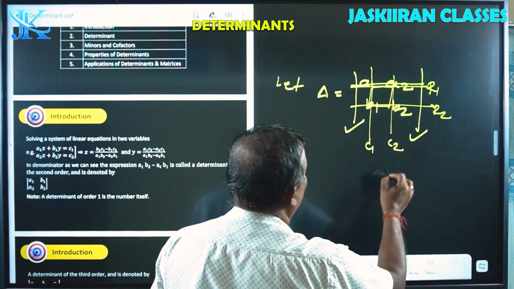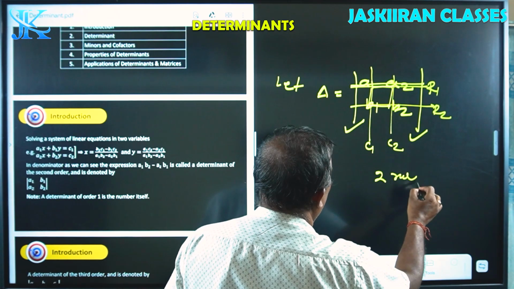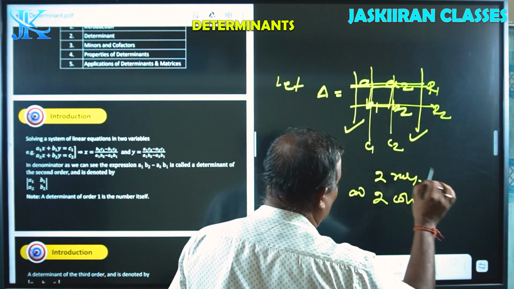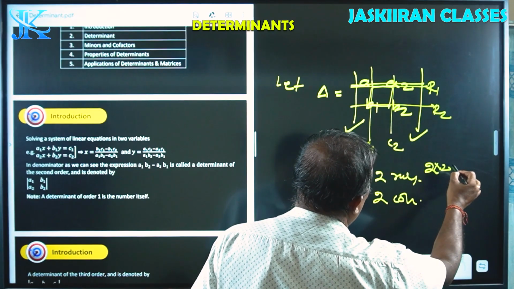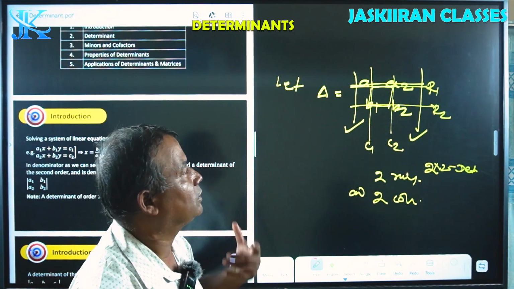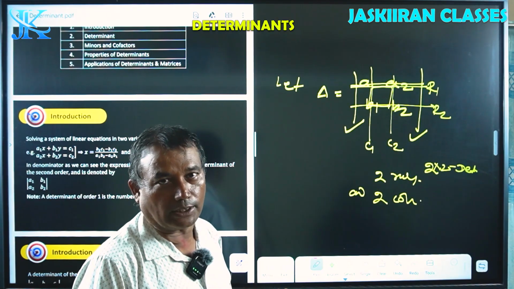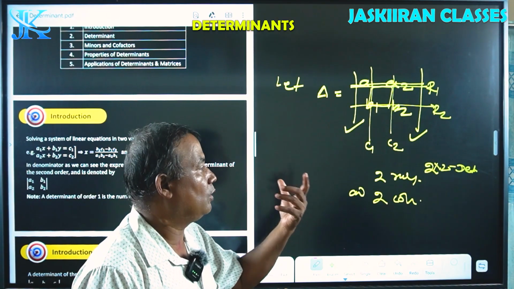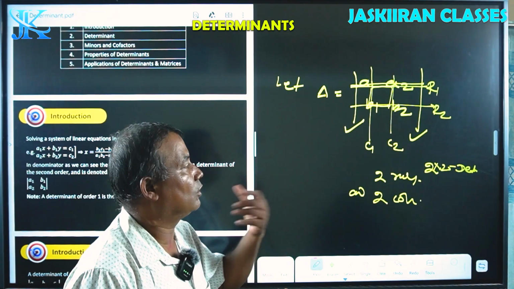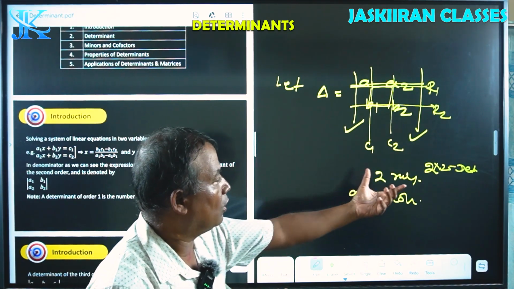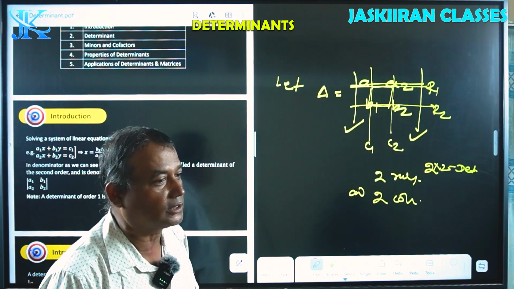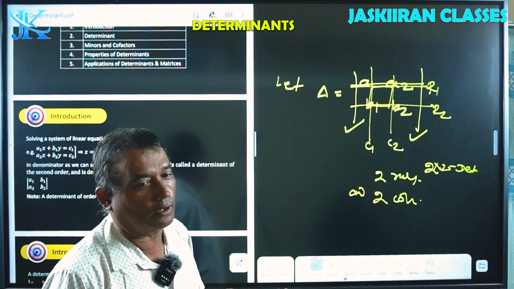That means two rows and two columns, which is called a 2x2 determinant. Always having the same number of rows and columns is called a determinant: 2x2, 3x3 or 4x4. 2x2 is called a second order determinant, 3x3 a third order determinant, and 4x4 a fourth order determinant.